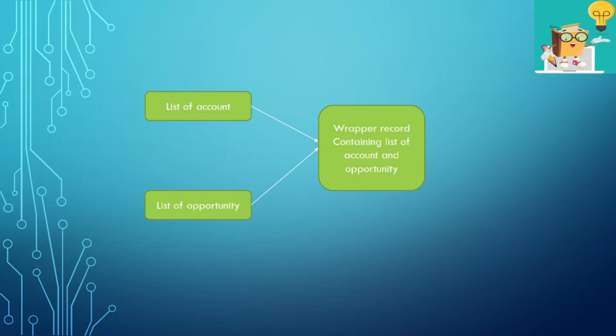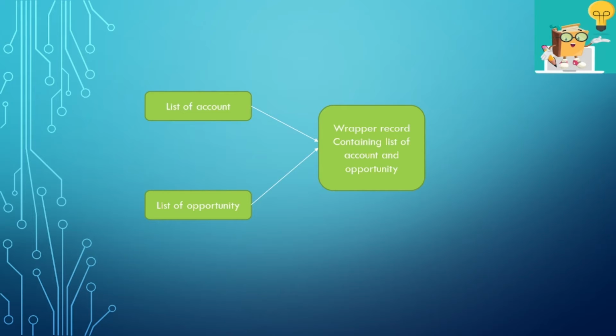So I hope you understand what a wrapper class is. In simple terms, wrapper classes are used to wrap unrelated records or unrelated data together so that it can be presented as one record, or as a single record.